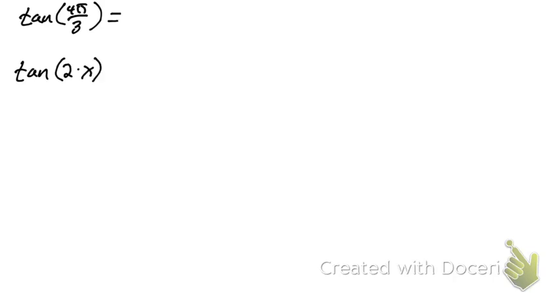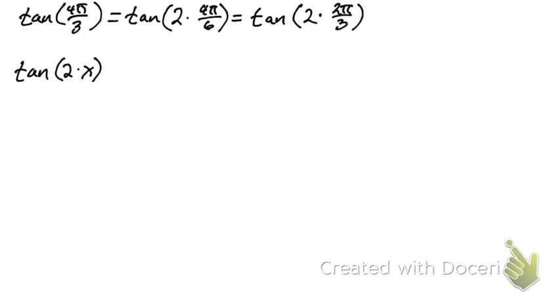So we're going to rewrite this as tangent of 2 times 4 pi over 6, which we can simplify that 4 pi over 6 to being tangent of 2 times 2 pi over 3. And this is going to be the x value you plug into your formula.